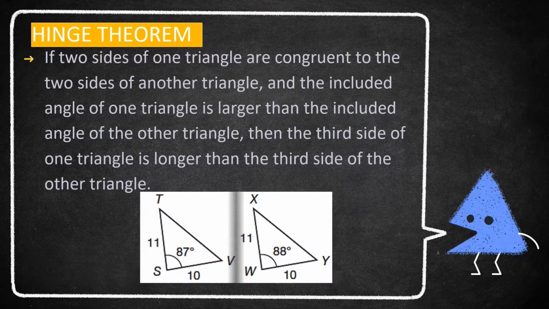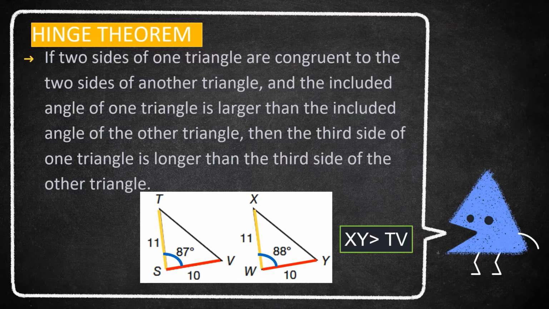So let us show in the given figure. So we have, if TS is congruent to XW, SV is congruent to WY, but angle W is greater than angle S. So we can conclude that XY is longer than TV.